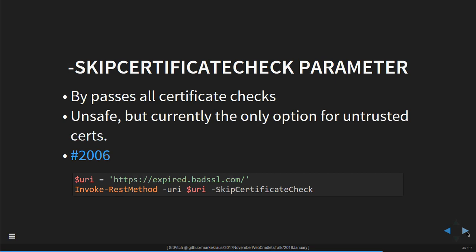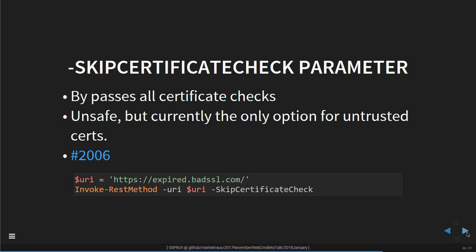Skip certificate check parameter. This is a feature that was really desired by a lot of people in the community. This was added very early in PowerShell's open sourcing. I think that people jumped at the chance to get this added in as soon as possible. But skip certificate check allows you to bypass any kind of certificate.